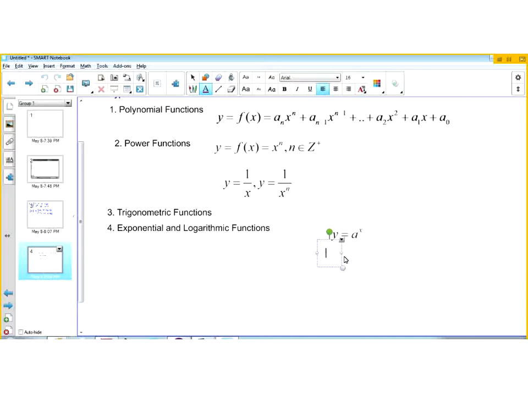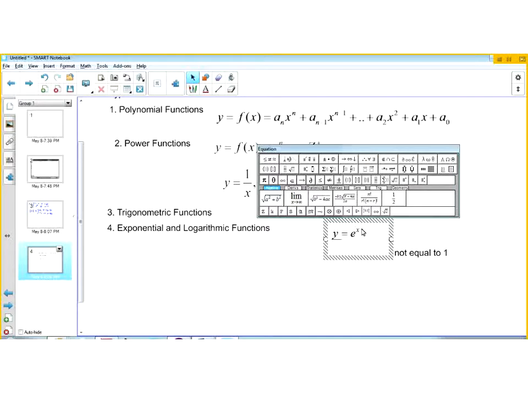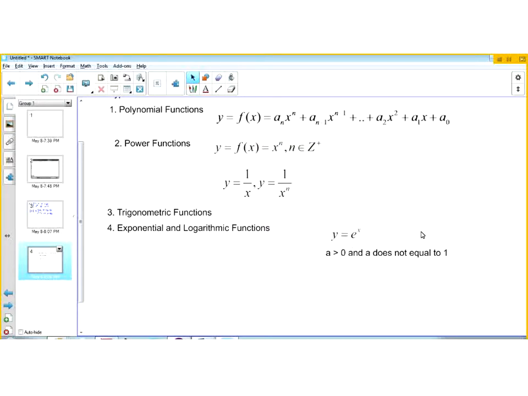A is restricted: a is greater than 0, and a does not equal 1. And of course, the more famous exponential function would be y is equal to e to the x. We'll encounter this function a lot in this class.